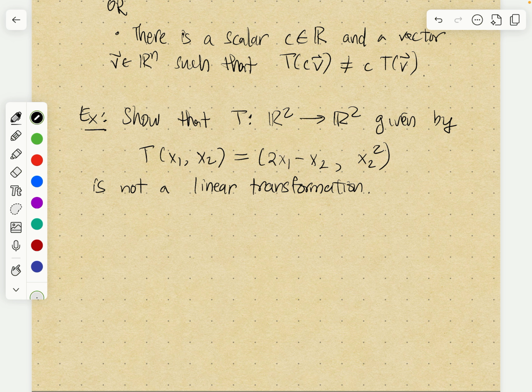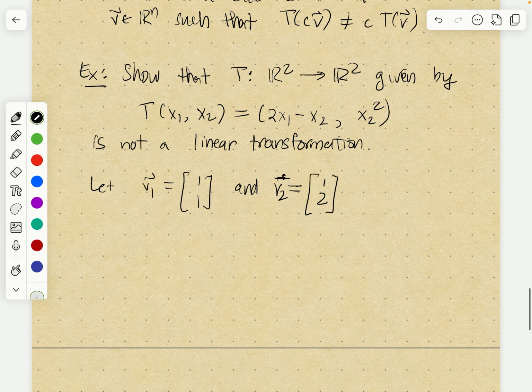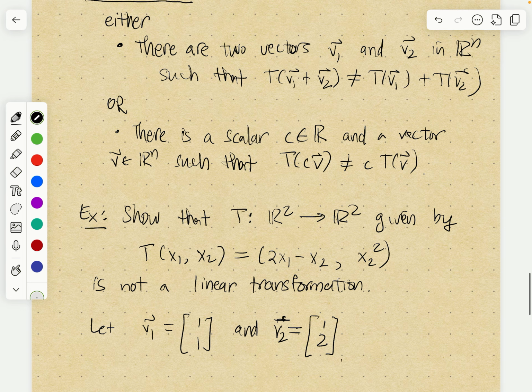Let's try v1 to be (1, 1) and v2 to be (1, 2). Those are vectors in R2. Now let's calculate the left-hand side, T of v1 plus v2, and the right-hand side, T of v1 plus T of v2, and hope that they're not the same.